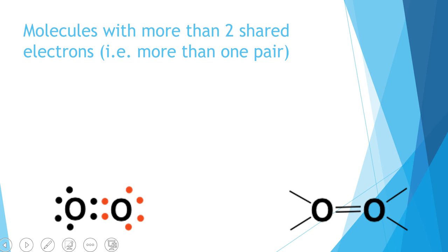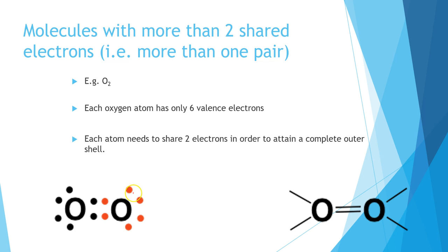So if we've got 2 shared pairs of electrons, more than 1 pair, we can have something such as oxygen. It only has 6 valence electrons, 2, 4, 6, so it will need to share 2. In this case, it will form a double bond. We then show that double bond again, and then just show our lone pairs like that. So it gives us a double covalent bond.